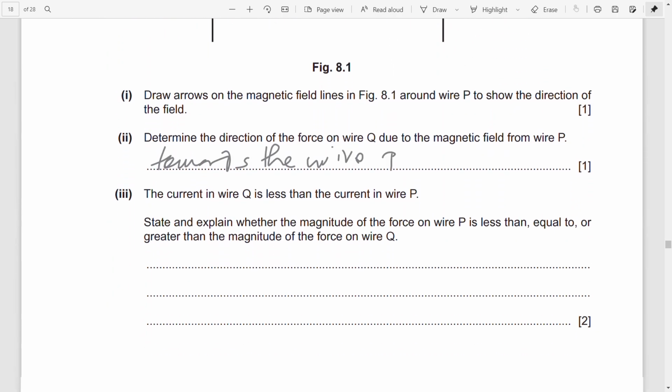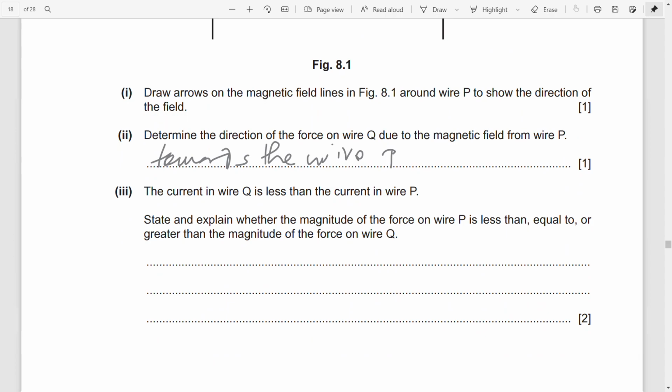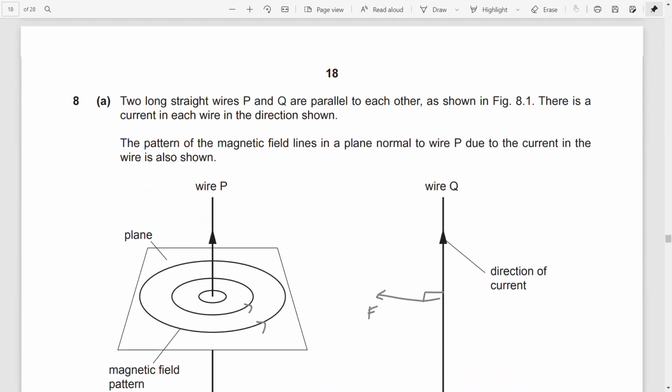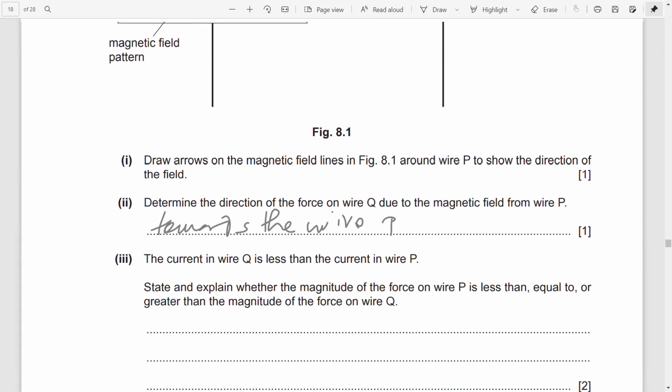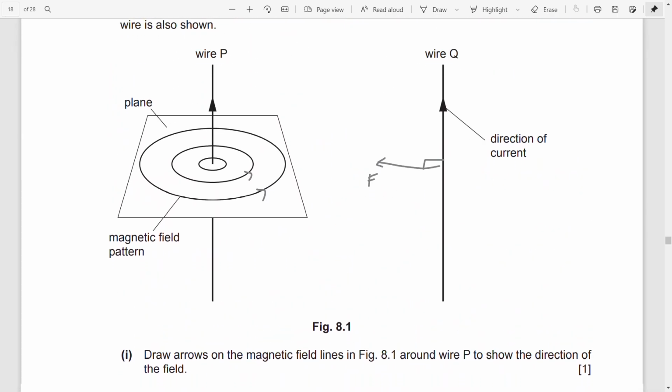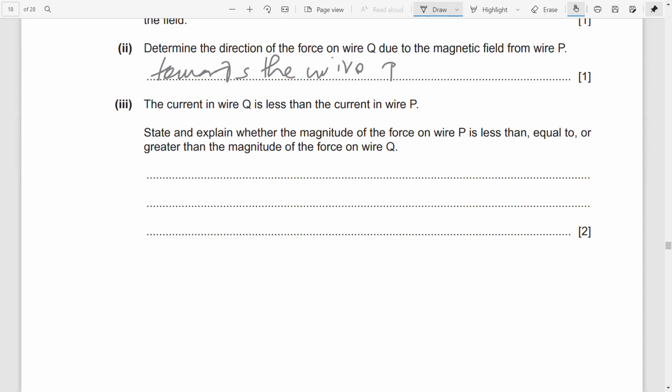Another question is: state and explain whether the magnitude of the force on wire P is less than, equal to, or greater than the magnitude of the force on wire Q, because the current in wire Q is less than the current in P. So here the current in wire P is greater than Q. You know the concept that B increases with current, and then F equals to BIL.